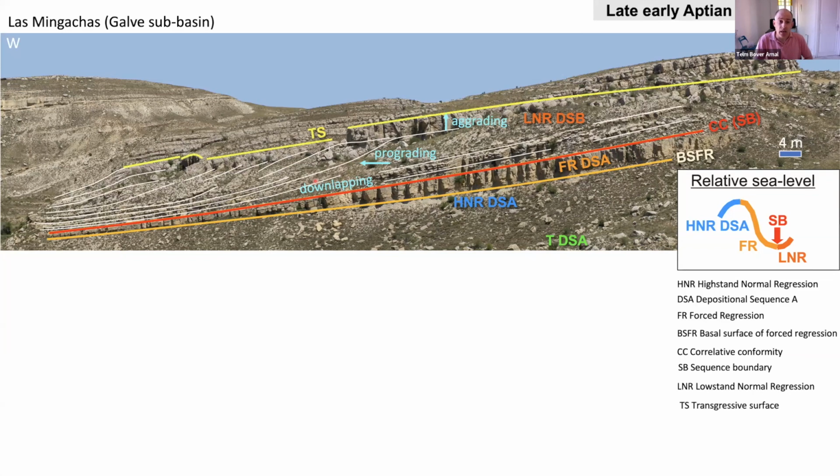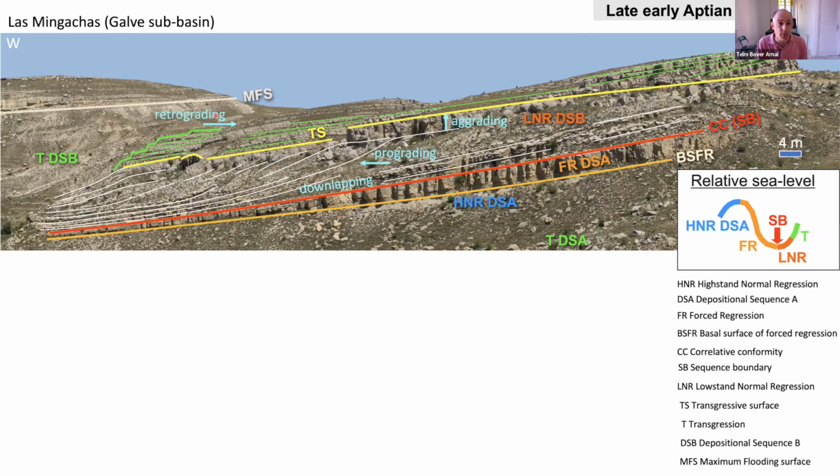Above the lowstand platform, there is the transgressive surface that marks the start of transgression, and above the transgressive surface is the retrogradation of the system, the backstepping of the platform carbonates that pass basinwards to the marls and also upwards in the succession.